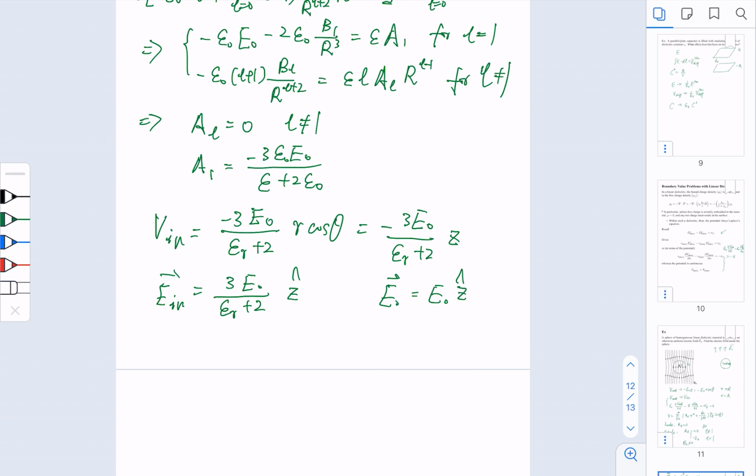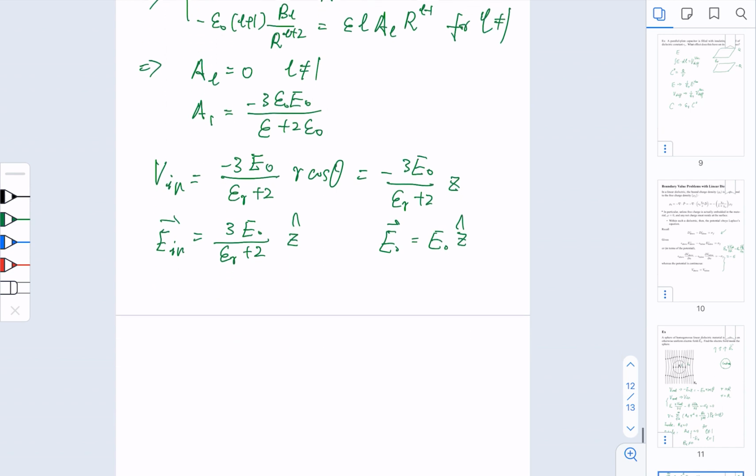Now we put some material inside, and you see that it simply scales down the electric field by a factor of 3 over the dielectric constant plus 2. You can also calculate the potential and the electric field outside, but the expression is a bit long.